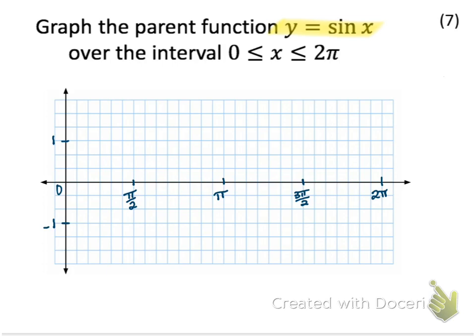First, let's find sine of 0. We can use our unit circle, look at 0 radians, look at the coordinate point that corresponds with that, and see that sine of 0 is 0. So we can plot the coordinate point 0, 0.